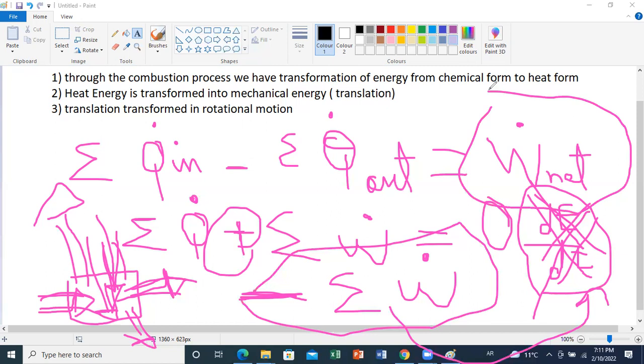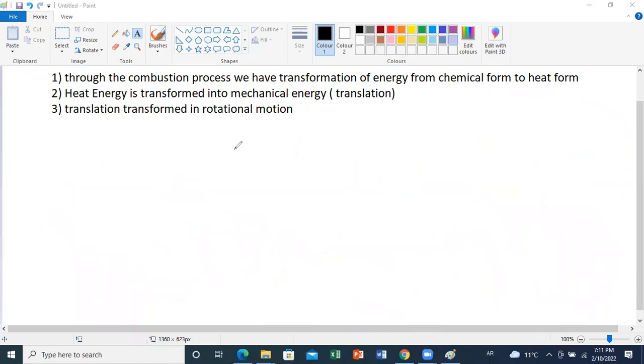So W dot net represents physically the work that is delivered by your piston cylinder system to your crankshaft. This is the basic equation I will start from in order to calculate the efficiency of my internal combustion engine.